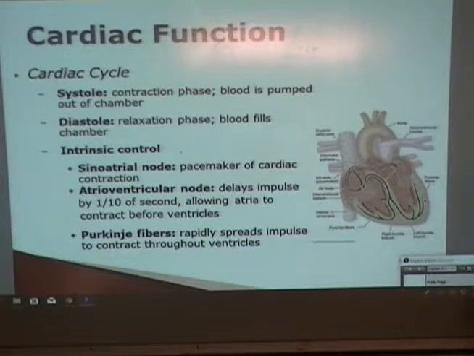So we have this intrinsic control, and it's called autorhythmicity, which is a difficult word to say. It's the ability to initiate its own impulse, its own electrical signal.